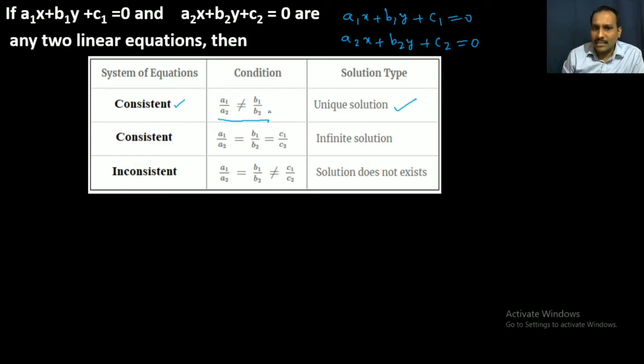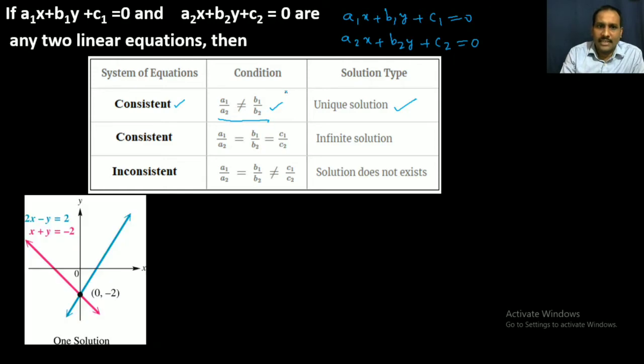Okay, let us understand this first condition more clearly. Suppose you take these two equations, 2x minus y is equal to 2. This is not in the standard form. Let us write it in the standard form. And the second equation, x plus y, this is also not in the standard form. Let us write it in the standard form, x plus y plus 2 equal to 0.